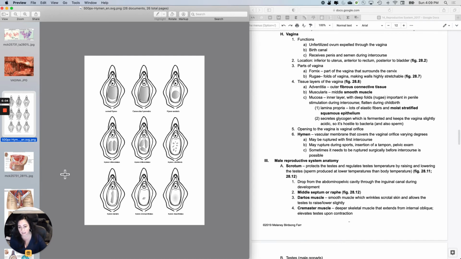Now, interestingly, and we can talk about this in class, a whole bunch of cultural significance has been ascribed to hymen anatomy and whether the hymen was completely intact. Historically speaking, and still to this day in some cultures, if a woman does not have what is perceived to be an intact hymen, although this may look like it's not intact, but it actually is, she may not be considered for certain positions.